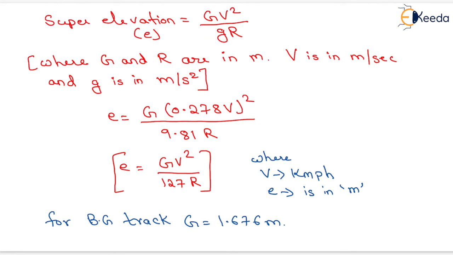After solving this, we will have the value of super elevation or cant, that is small e, equal to GV square upon 127 R, where V is in kilometer per hour and E is in meter. Now for broad gauge track, G will be equal to 1.676 meter.